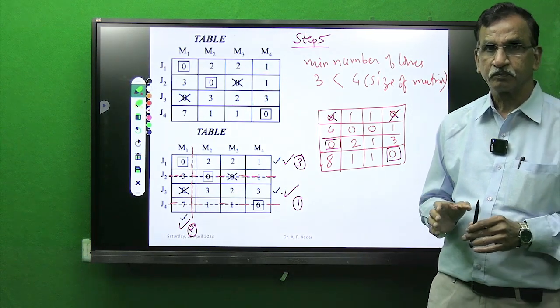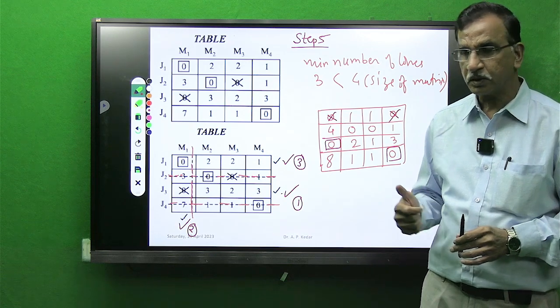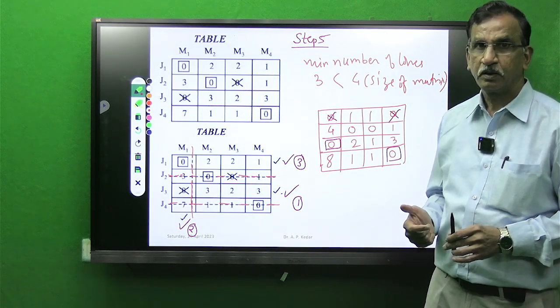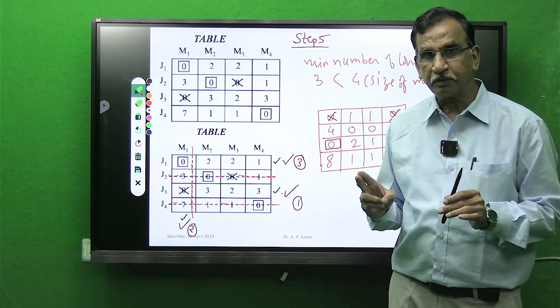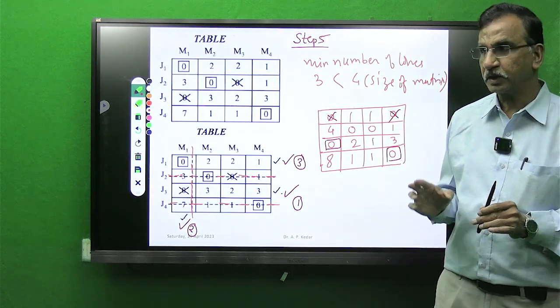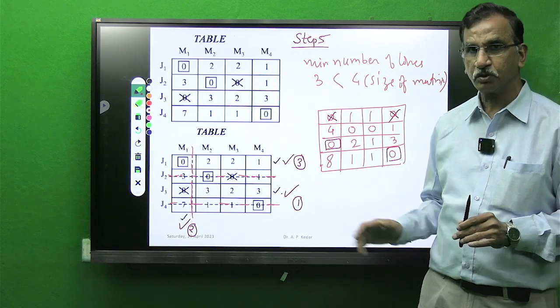So till then, try more problems in a similar fashion. We have seen the methodology for the assignment minimization problem, that we will be continuing. So till the next lecture, practice all these things.